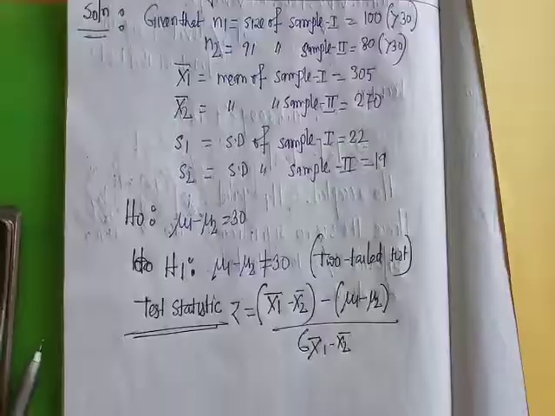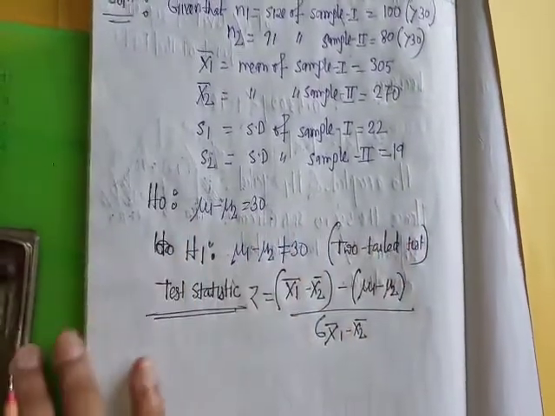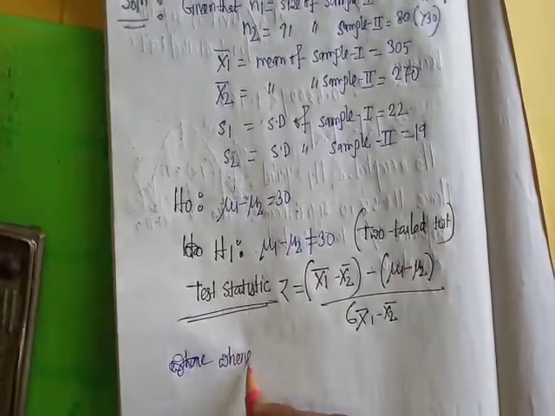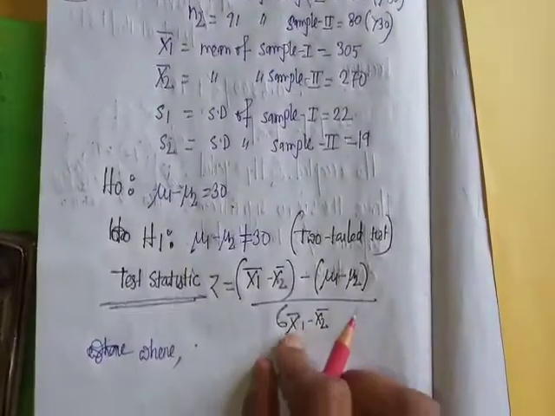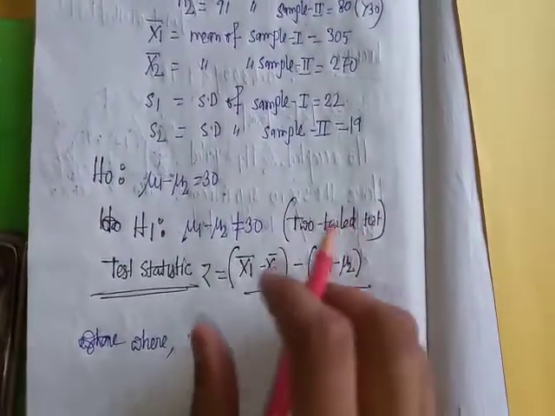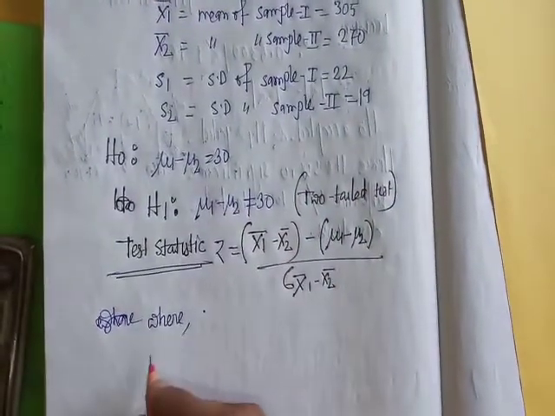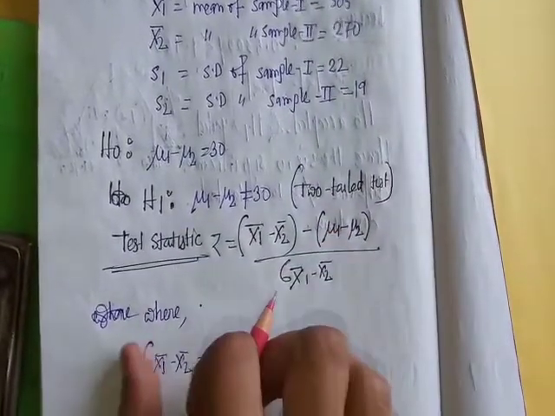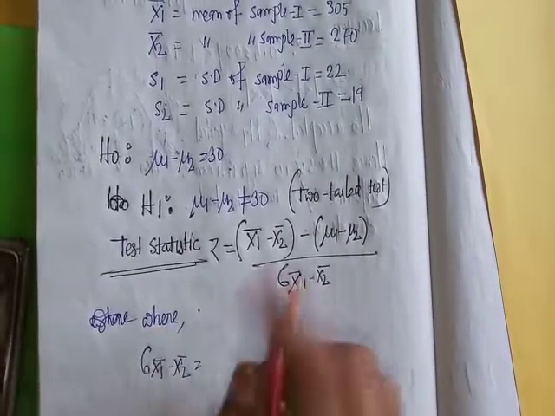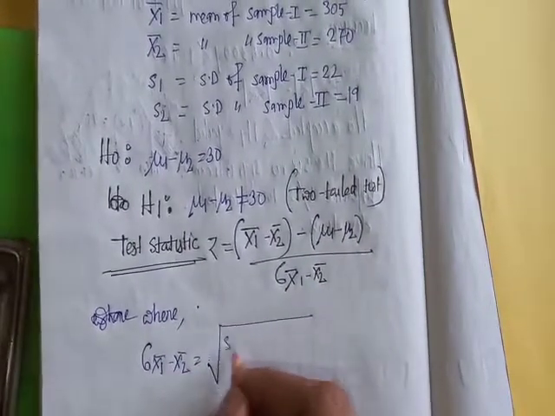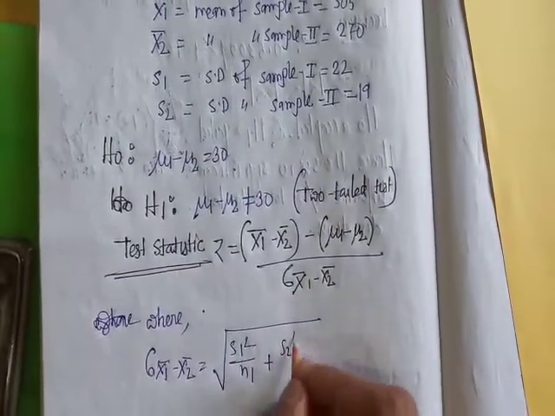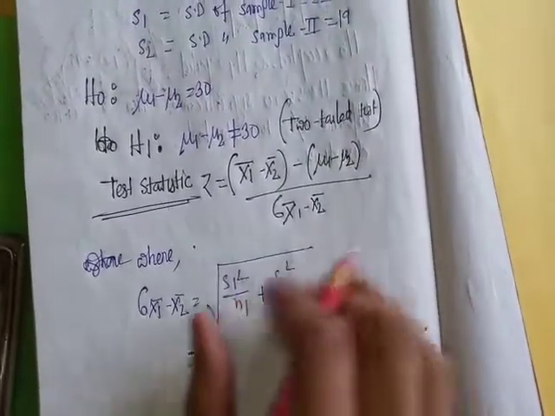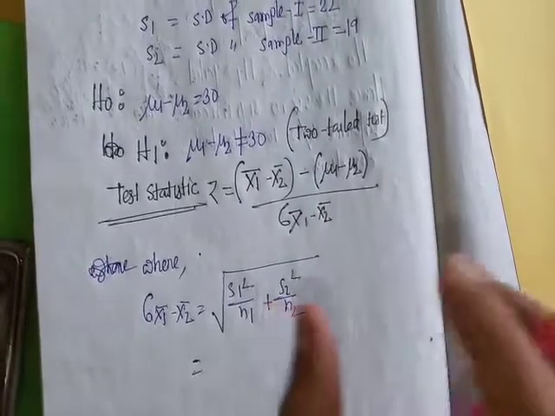Here sigma x1 bar minus x2 bar is called the standard error of difference of two sample means. Its formula, when population standard deviations are unknown, is square root of s1 square by n1 plus s2 square by n2.